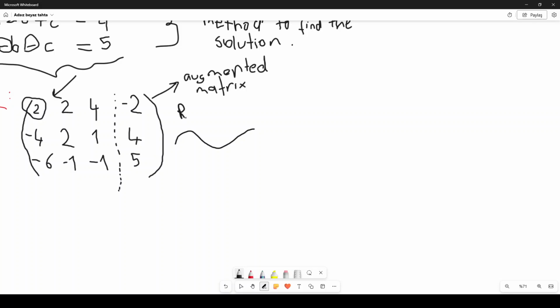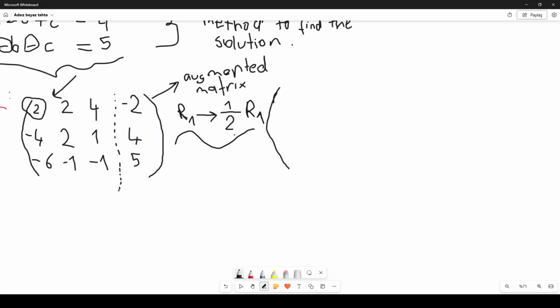We know that we're allowed to perform 3 elementary operations, and if I replace row number 1 by simply multiplying itself by 1/2, then I obtain what I desire, right?